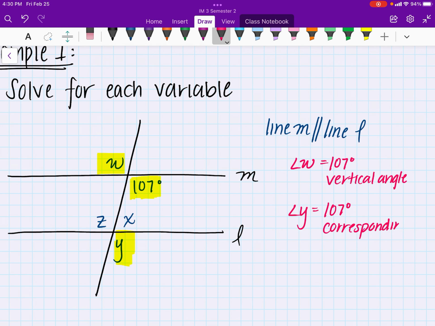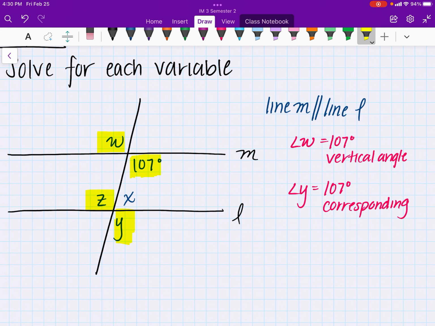And we could also say that 107 is congruent to Z because they're alternate interior. So angle Z is equal to 107 because they are alternate interior.